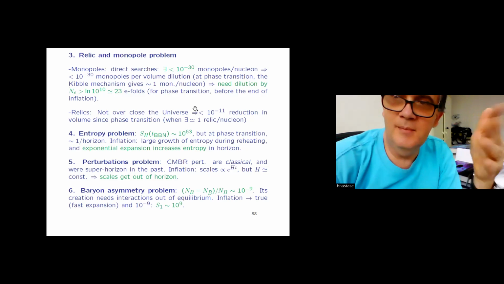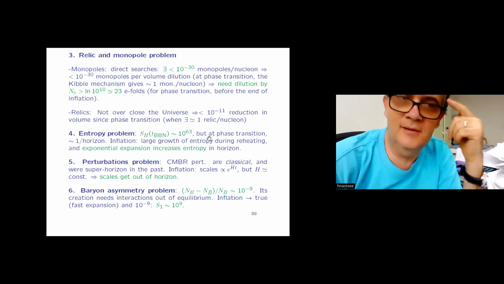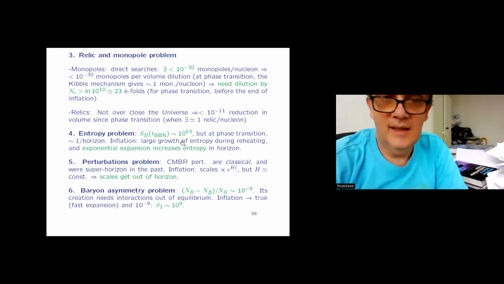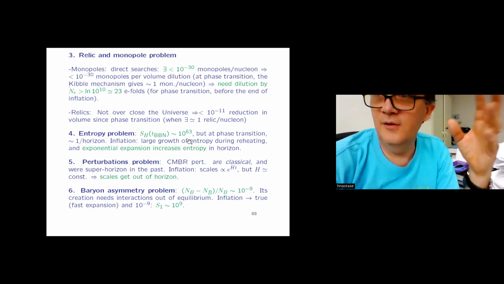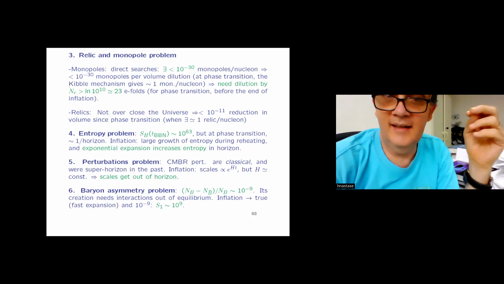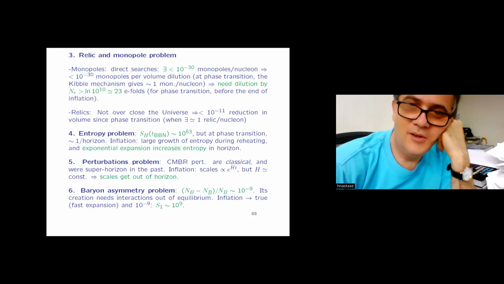However, by the Kibble mechanism, at the phase transition, you generate one entropy unit per horizon. So that's kind of puzzling. How do you then generate so much entropy? Well, inflation is a large growth of entropy during reheating, and then exponential expansion also increases the entropy. So we generate a lot of entropy.